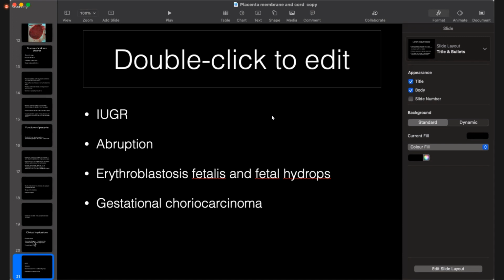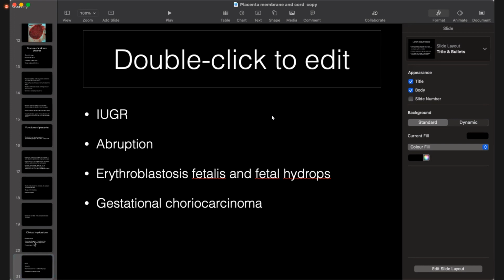Rh isoimmunization: if we identify that, we do some blood tests to identify the rise in titer of the antibodies. With rise in titer, using scans, we can find out whether there is evidence of fetal anemia, and we do intra-abdominal blood transfusion. We can transfuse the baby when the baby is inside the uterus and save the life of the baby.